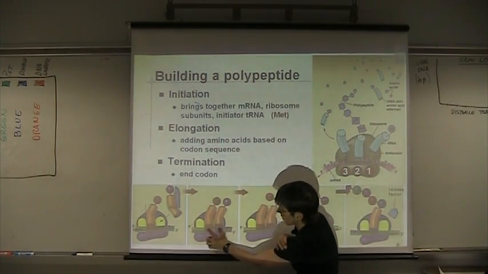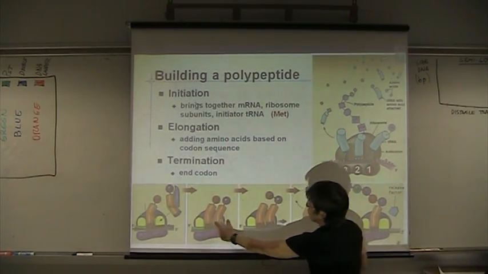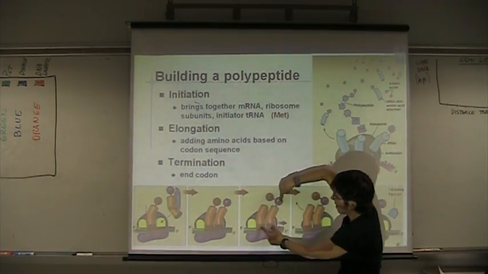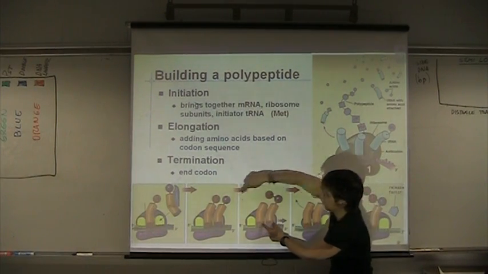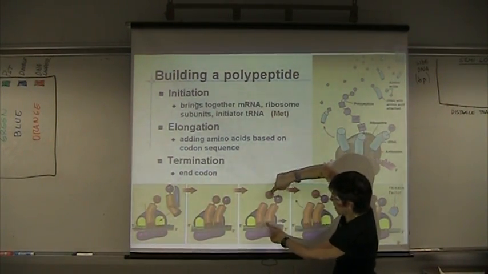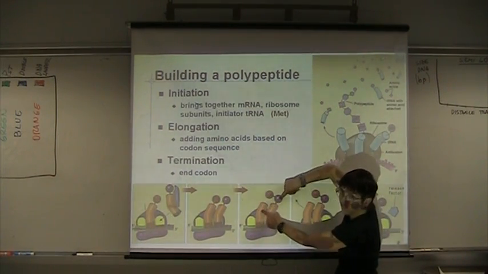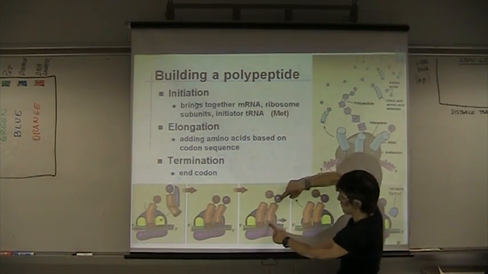Once they are together right there next to each other, here is where the magic happens. There is a covalent bond formed between the two amino acids, and this is a peptide bond, of course. Now this amino acid has been transferred to this. Now this tRNA is empty, it's of no use. So what's going to happen?